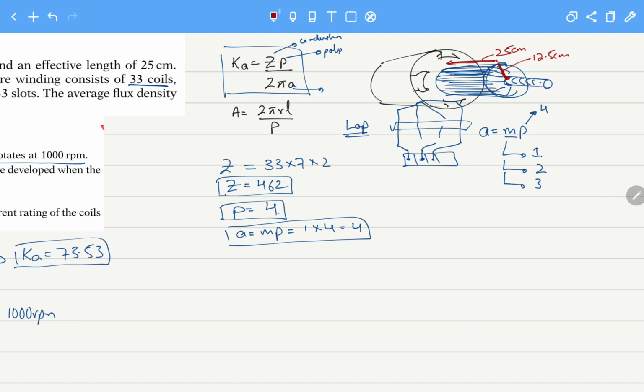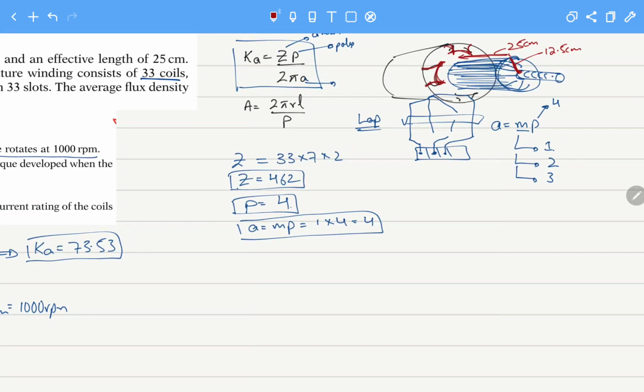So it is a 4-pole machine. When this rotor is inside, at one time, this is one pole and this is the other pole. All the poles are covering the machine. 75% of this machine area is under the effect of the poles.